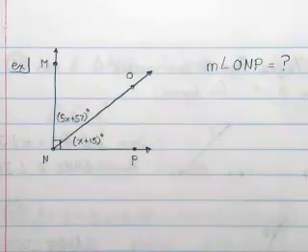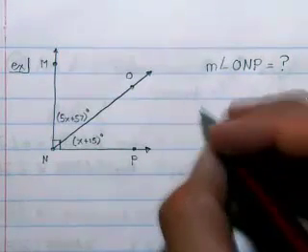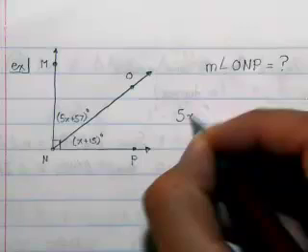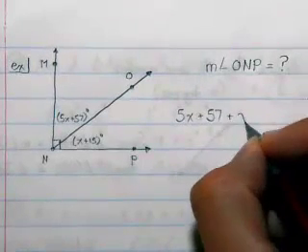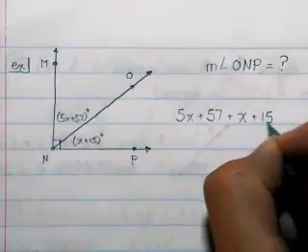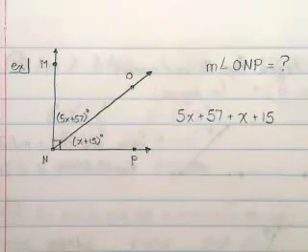Does anyone have an idea of what we could do? Yes, Zach? Add the two angles together. Add the two angles together, okay. So 5x plus 57 plus x plus 15. And do what with that? Yes? Tyler. Equal to 90?